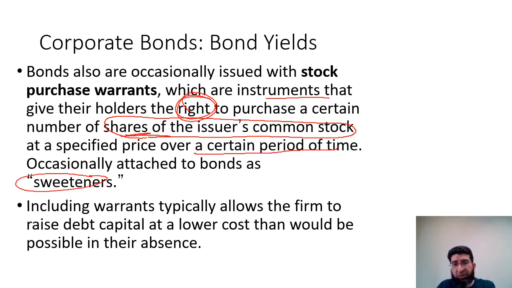These, including warrants, typically allow firms to raise debt at a lower cost than would be possible in their absence. Because if the firm's stock price increases, stock purchase warrants allow them to purchase a certain number of shares at a specified price. So this price must be lower than the market price in order for the investor to make a certain benefit out of it.